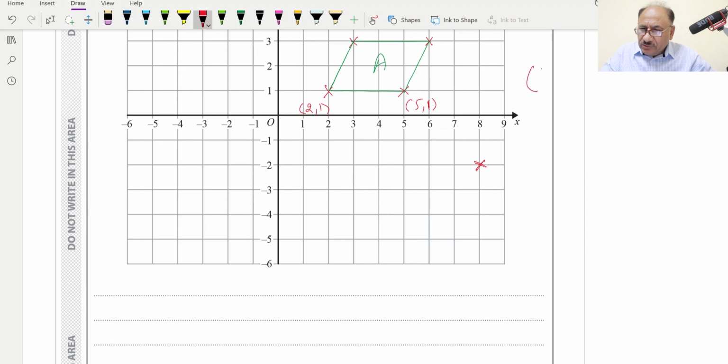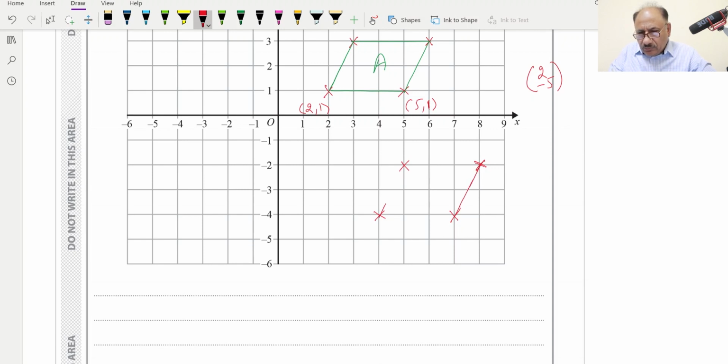So the matrix is 2 and minus 5, which we are using for translation. So this point we have translated over here, and similarly we can translate the rest of the points also. One point will be over here, and accordingly the other points also we can shift, and this is basically a parallelogram which we can draw.